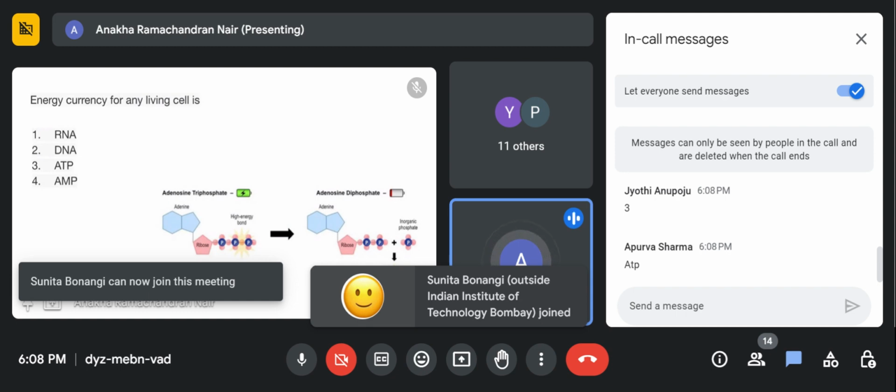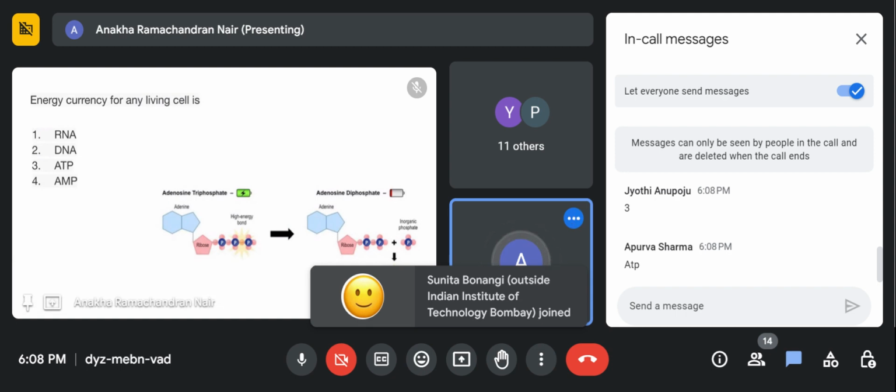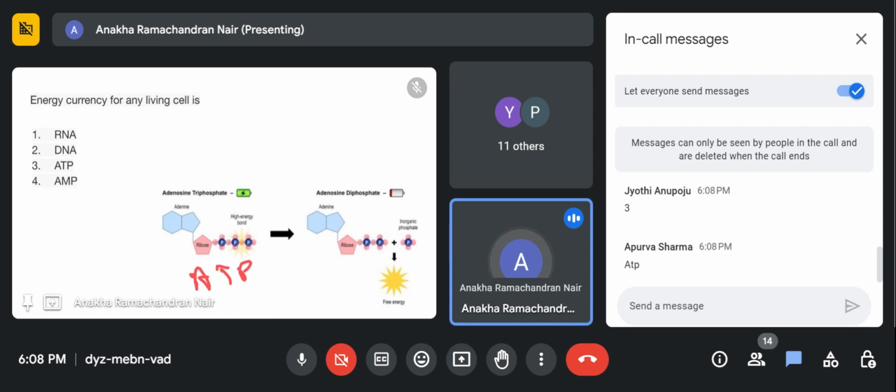From the diagram that I've given you, you can see that ATP will be converted to ADP because one inorganic phosphate will be removed, and this reaction releases energy. So ATP is the answer. RNA and DNA are nucleic acids, as you know, and AMP is not an energy currency because it doesn't have a free inorganic phosphate that can be released. Okay, so let's move on to the next question in case no one has any doubt.